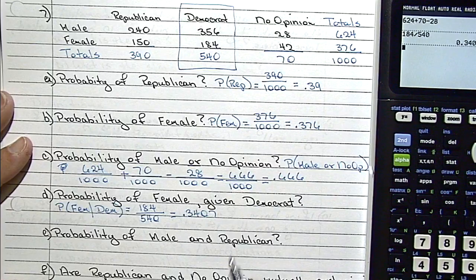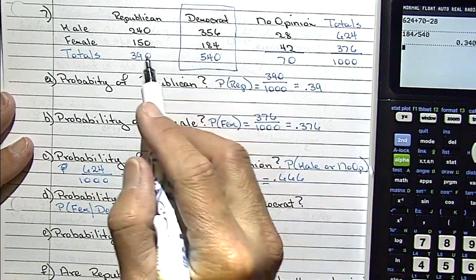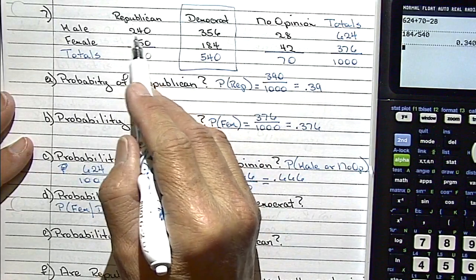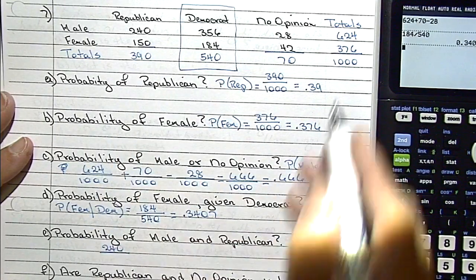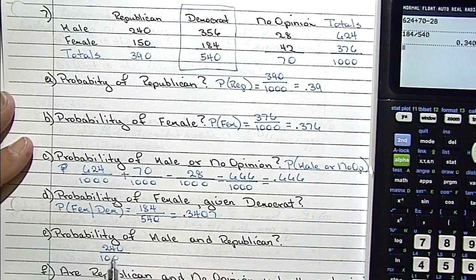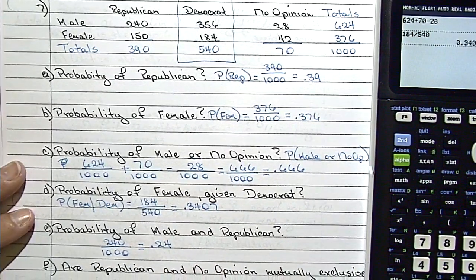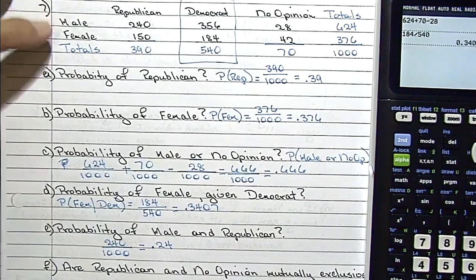So male and Republican, I just look at how many are males and Republicans right here, 240. And I put that over the total, and I get 0.24. Shortcut works whether they're dependent or independent if you have the contingency table.